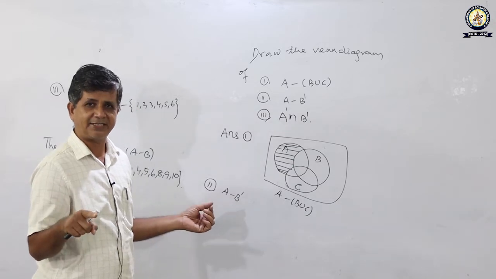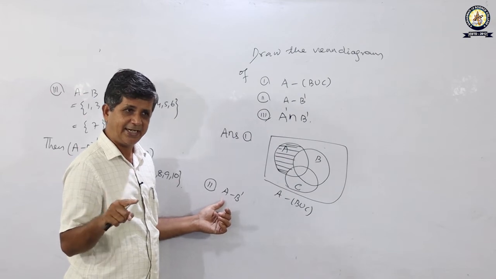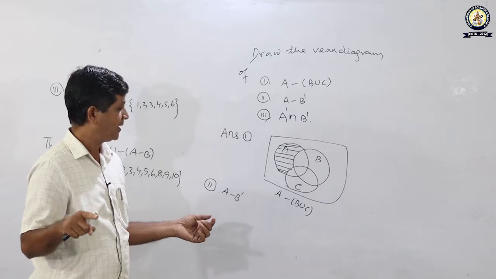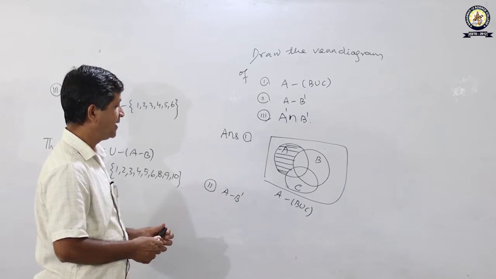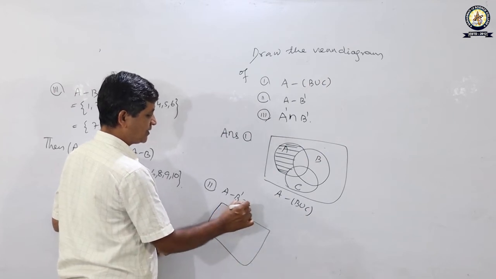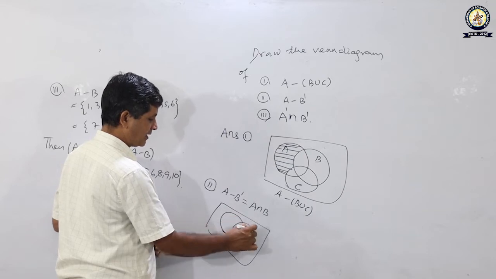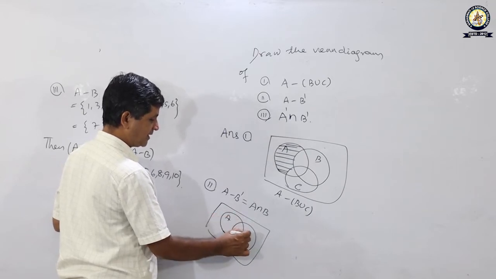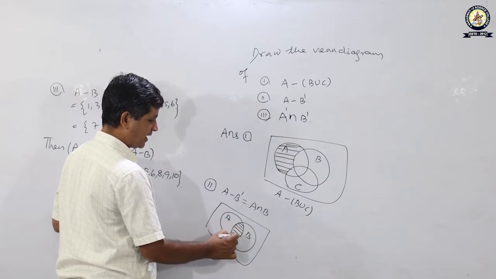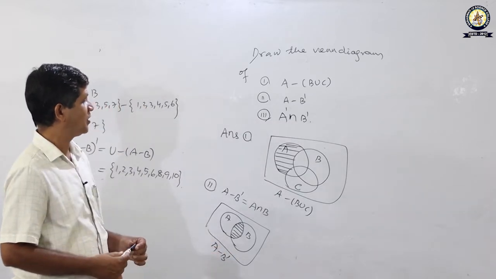If it is not in B dash, then it is present in B. So if an element is present in A and present in B, it is present in both A and B. So it is the same as A intersection B. This is the A set and this is the B set. This part is A difference B dash. This is all about the Venn diagram.